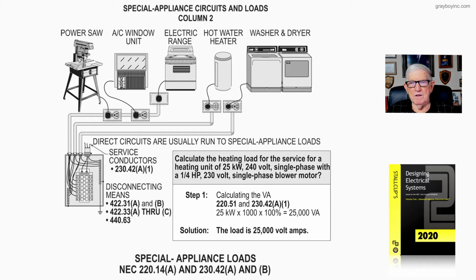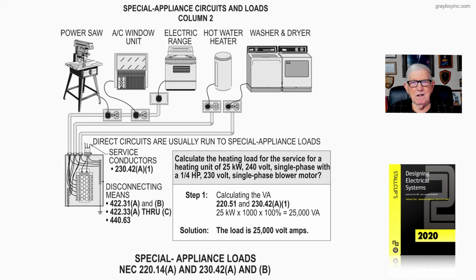We'd come in with 25 kW times 1,000 for the heat, and it's taken at 100%. So we're just getting rid of the k, getting into watts, and converting it to 25,000 VA, like Article 220 instructs us to do, as well as Annex D, as in dog, in the back of the code.